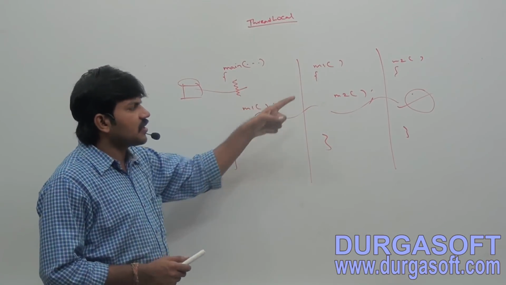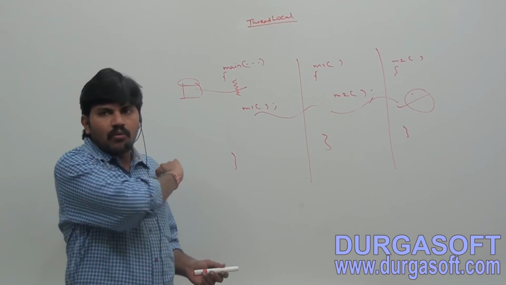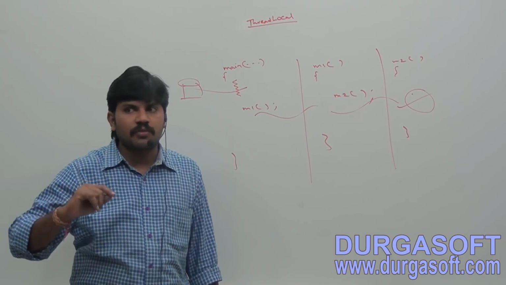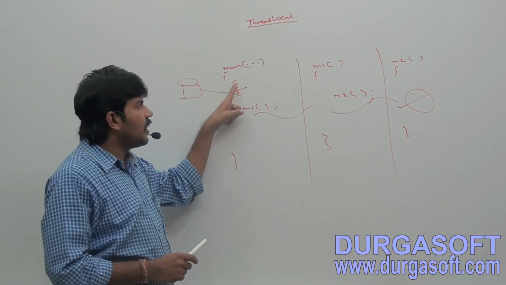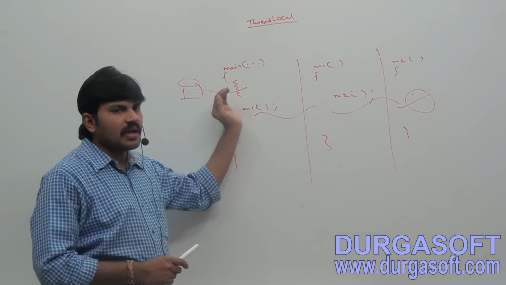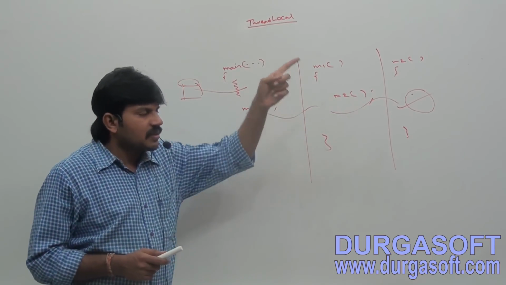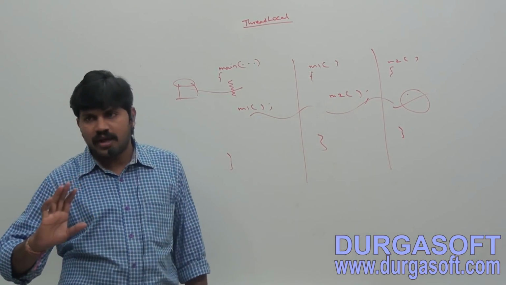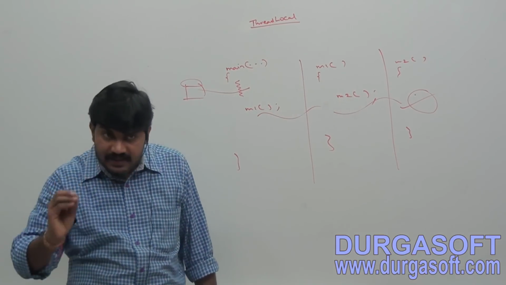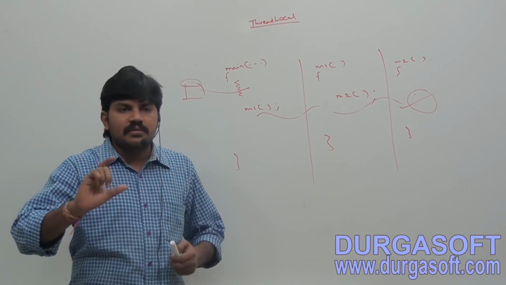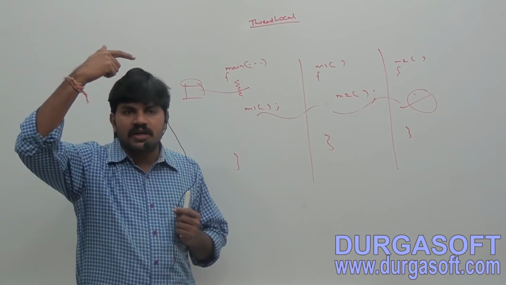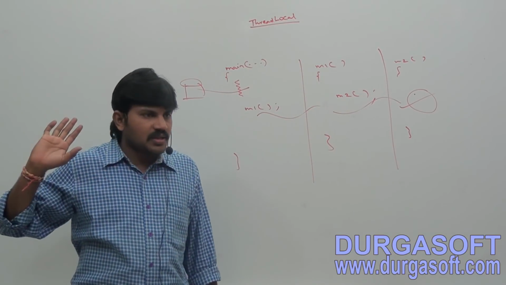Wherever this thread is executing, throughout that code, we can access this thread local variable. Once we add a value to thread local, wherever this thread is, it can access that. So to define thread scope, we go for thread local.